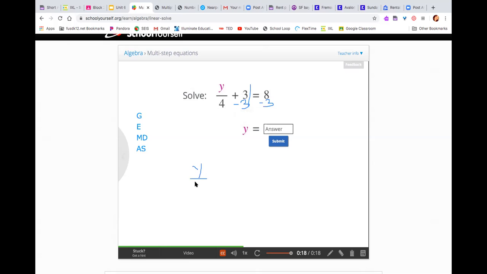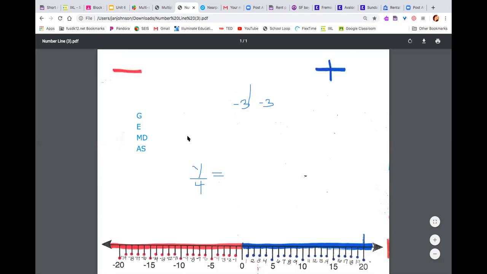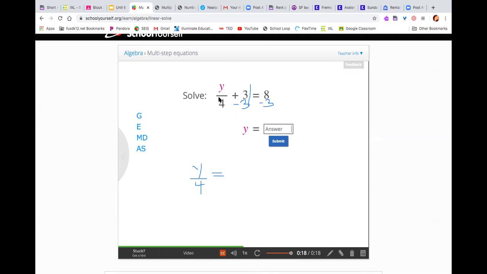Y divided by 4 equals 8 minus 3. 8 minus 3, I go to the left, 1, 2, 3. I got 5. Equals 5. Okay, so now it says y divided by 4 equals 5.